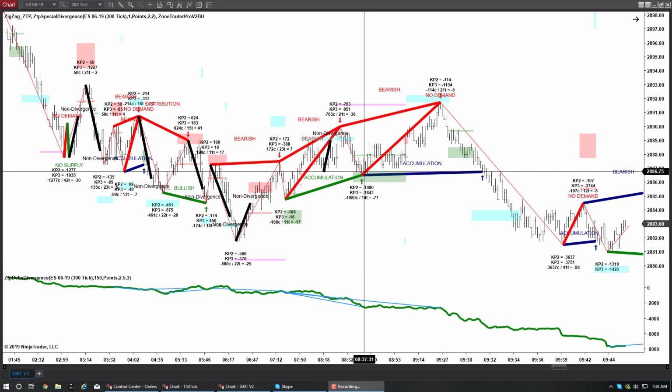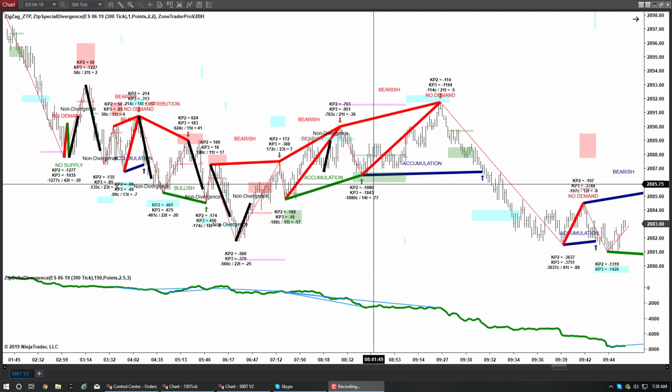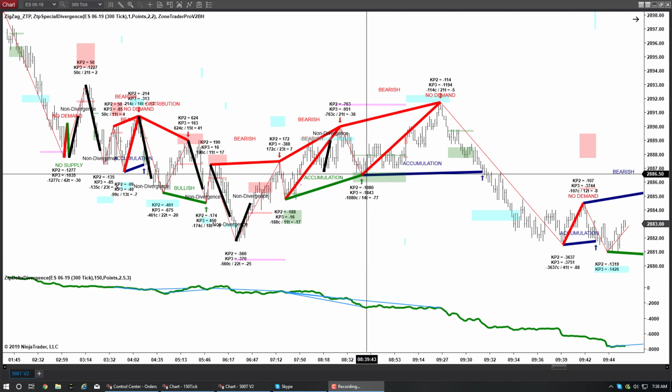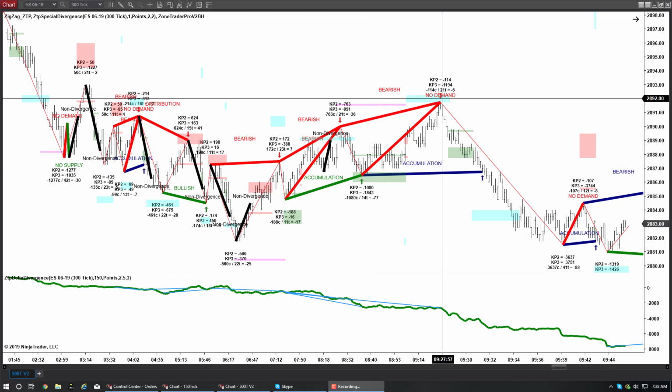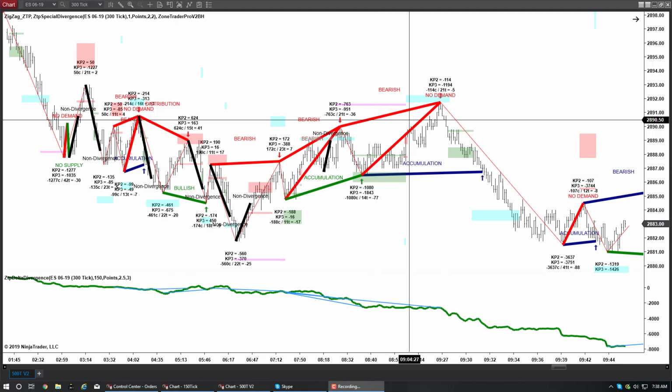And that's when we're going to be looking for our order flow trigger signal into the buy that we have here. The second type of trade is no demand and no supply. In a no demand, no supply trade, basically what we are looking at is this diagonal that is right here.